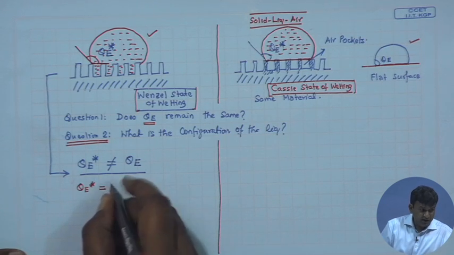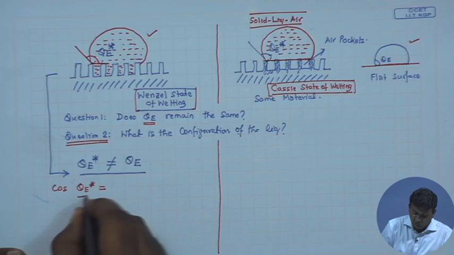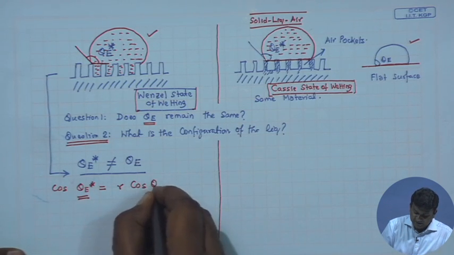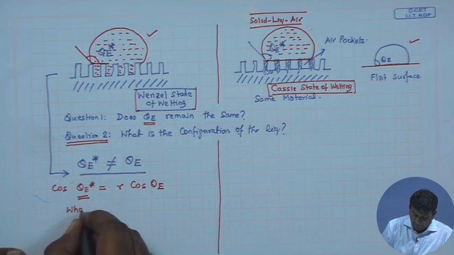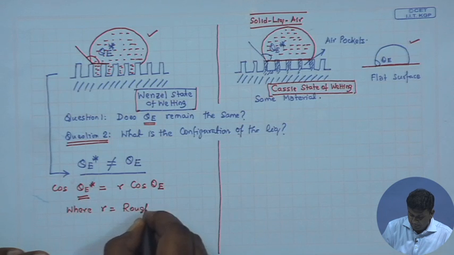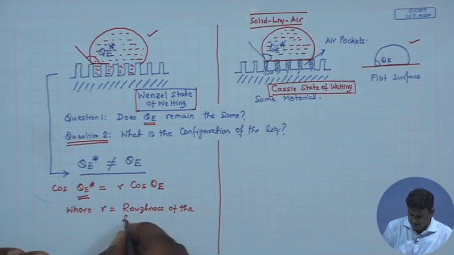Here it is given as this: the equivalent equilibrium contact angle on a structured surface for a Wenzel state is given as this, where R is the roughness of the surface.